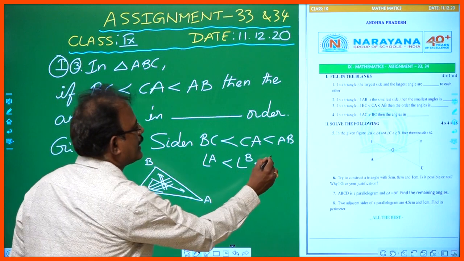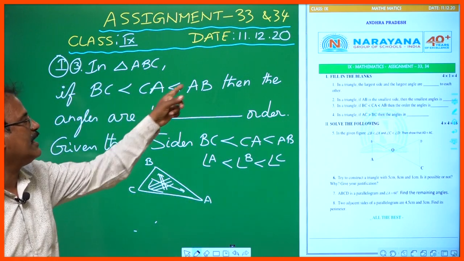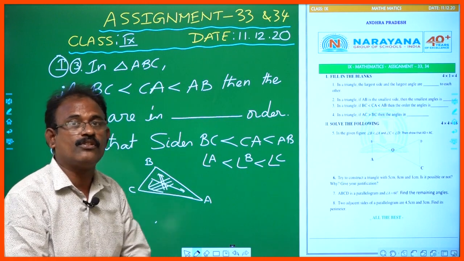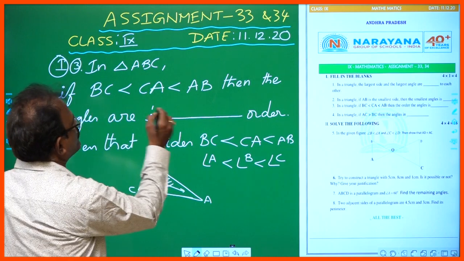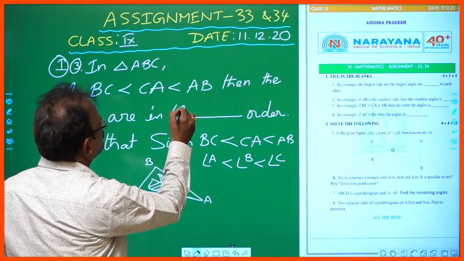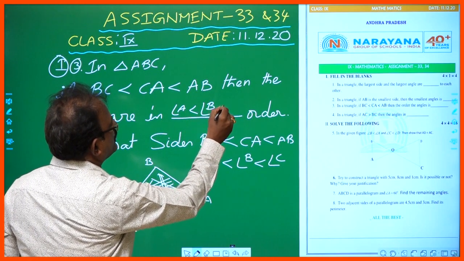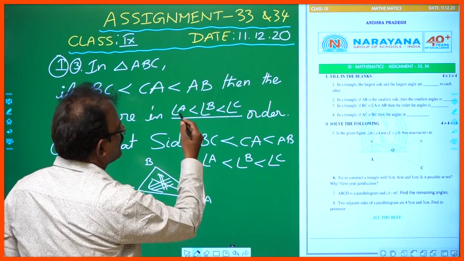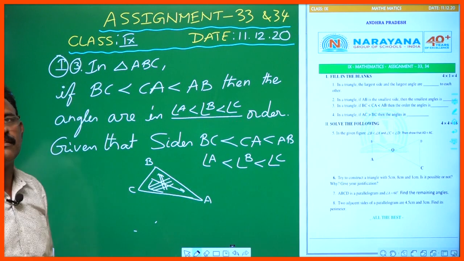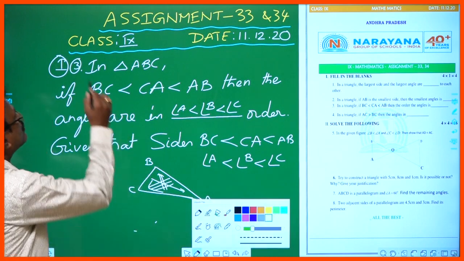Angle C. So if BC less than CA less than AB, then the opposite angles are also in the same order. Angle A less than angle B less than angle C. Like that we can discuss. Okay children, this is for question number 3. Now our next question.